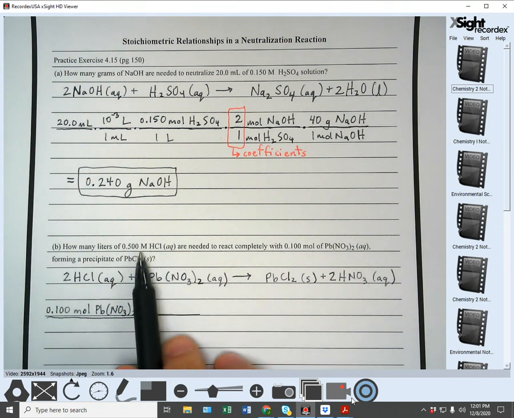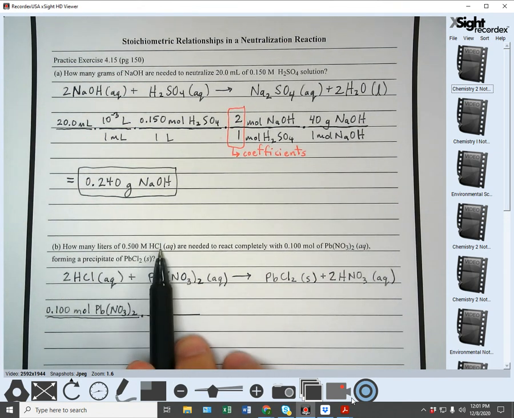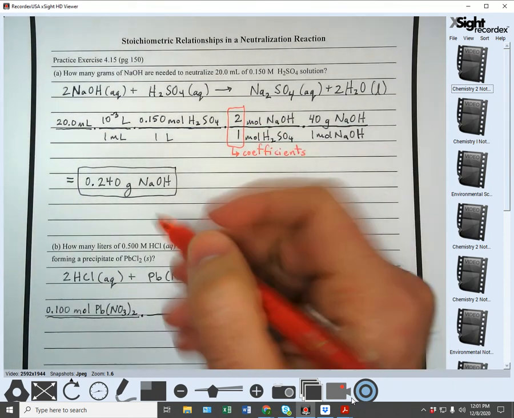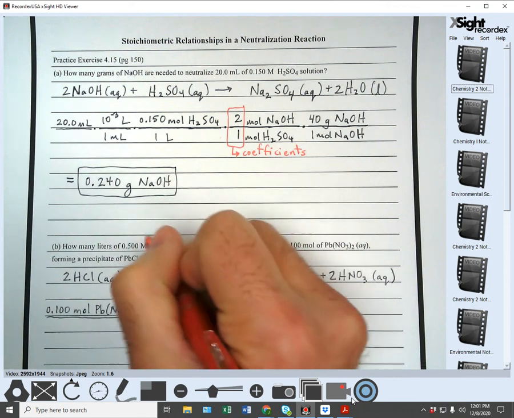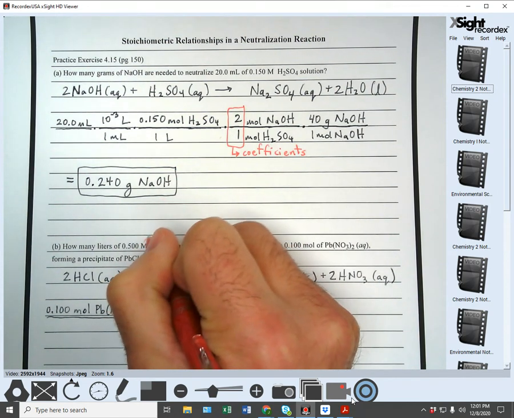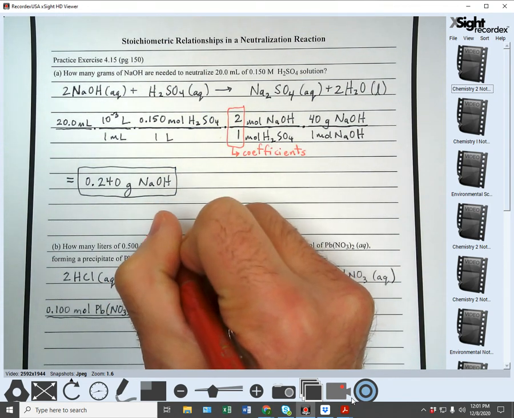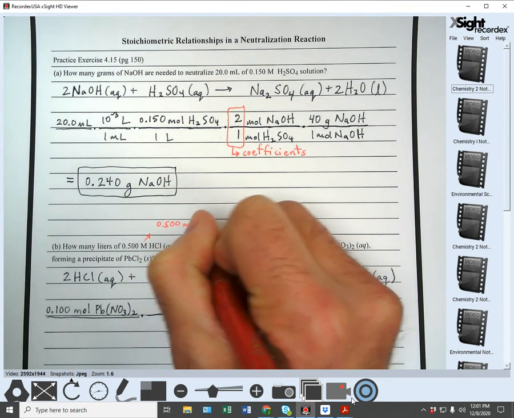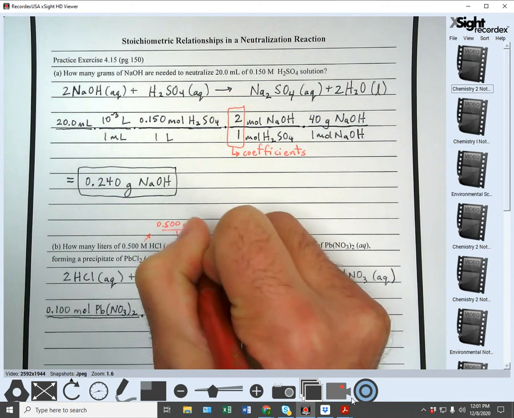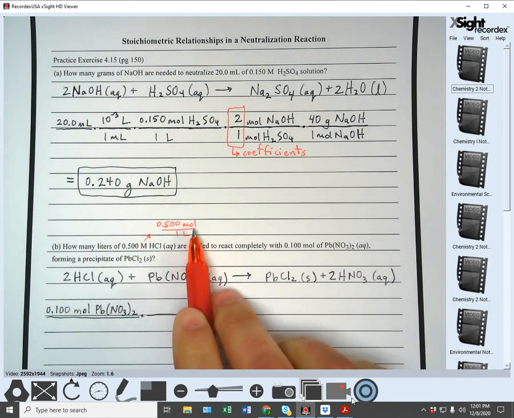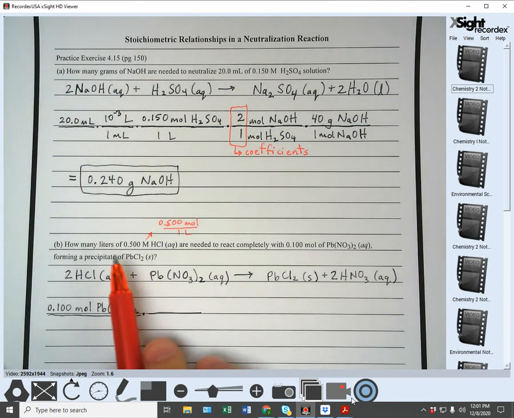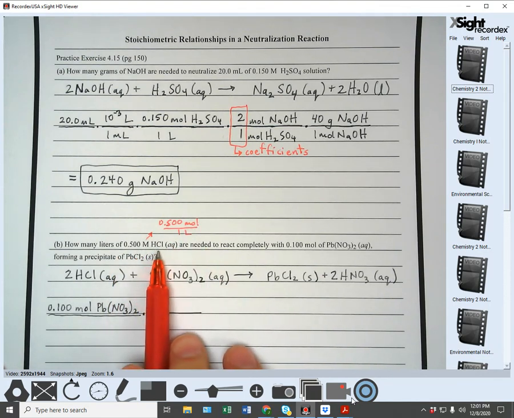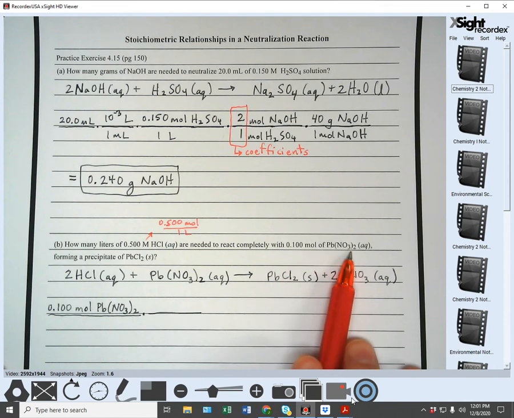But remember, I can use this as a conversion. This is like saying I've got 0.500 moles per 1 liter, right? So I can use this to convert from moles to liters. So what I really need to do is find the moles of HCl that are needed to react with this.